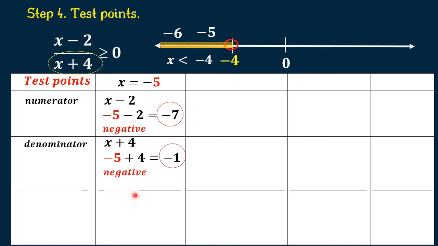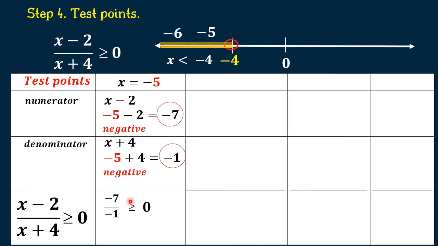The result is negative. And if we plug in to our whole inequality, we have numerator negative 7, denominator negative 1, and simplify. Negative divided by negative is positive. And we have here the result, 7 is greater than or equal to 0.